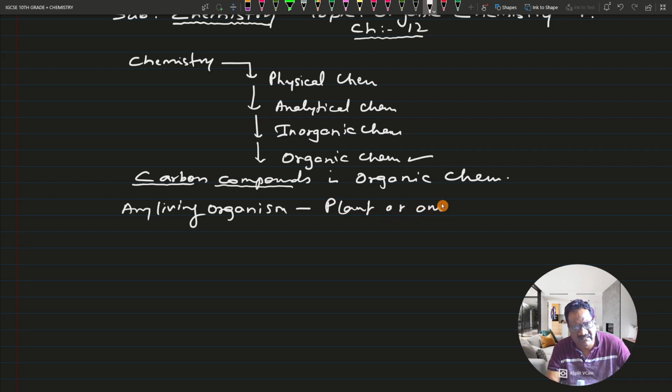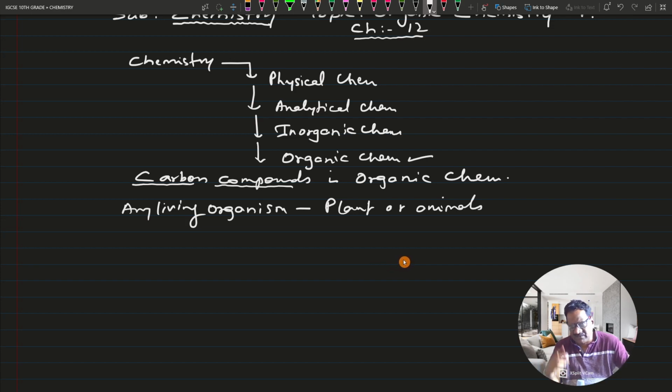When they die and decay, all the carbon substances or carbon compounds in the plants and animals start dissolving or mixing up with the soil.